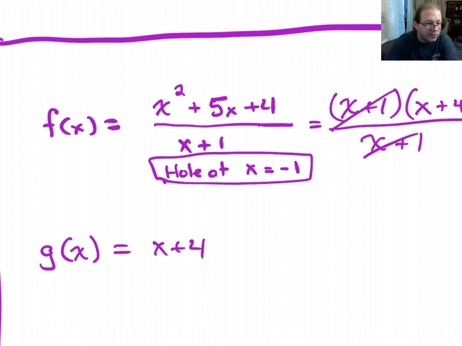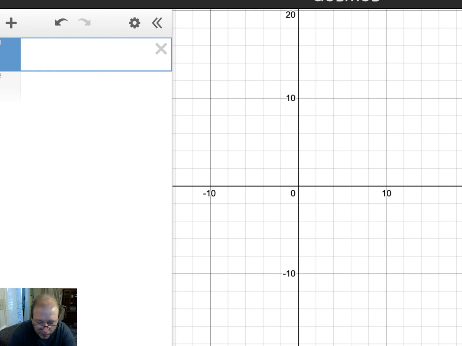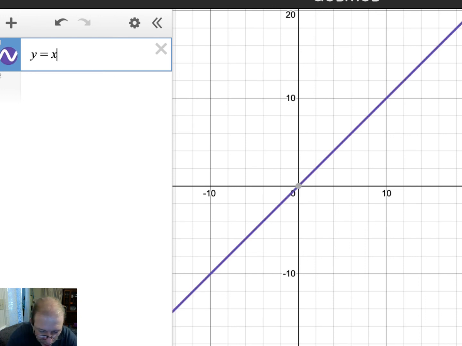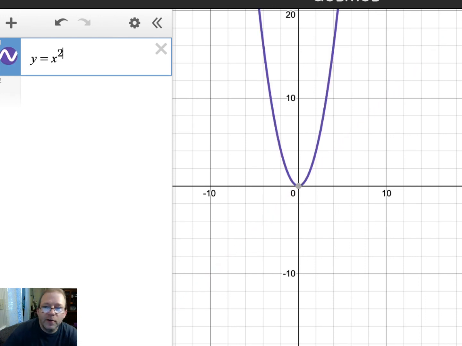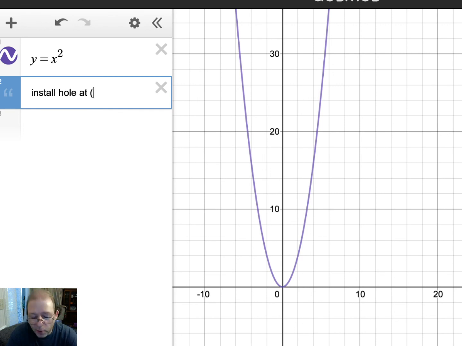I'm going to do this on Desmos. So give me a function. I guess that doesn't work when I'm doing this online instead of in class, but let's say we have this function and we wanted to install a hole at the point, it needs to be some point on the function, let's say at the point 3,9.